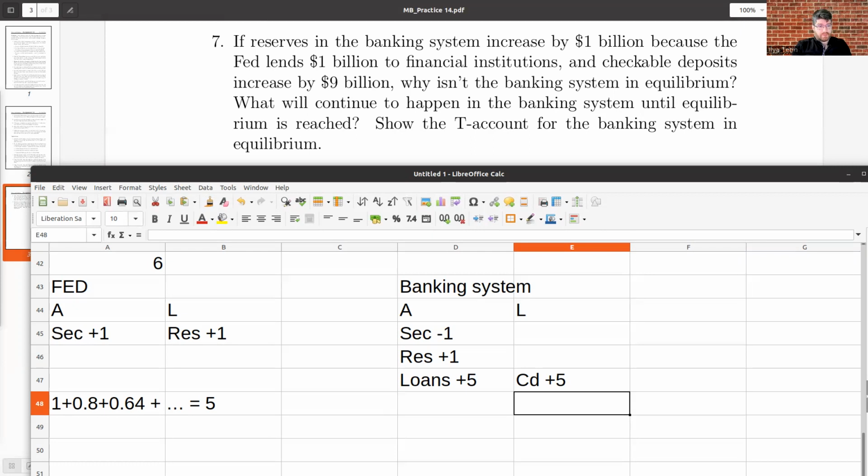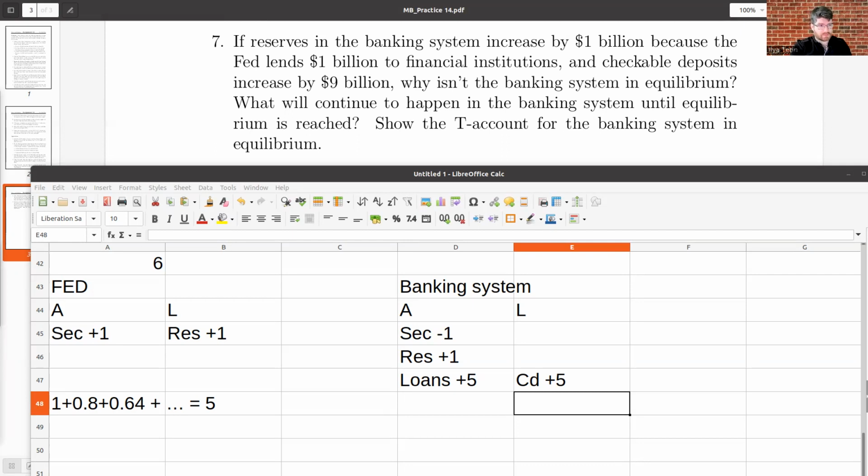Yeah, it is not in equilibrium because there are extra excess reserves. So how much? 1 billion of reserves in the banking system minus 900 million required reserves, 10% of the 9 billion. This is 1 billion, right? The excess reserves will be lent out until equilibrium is reached.